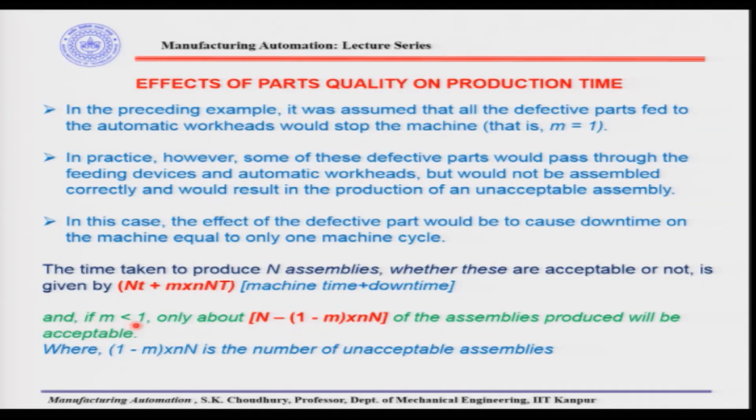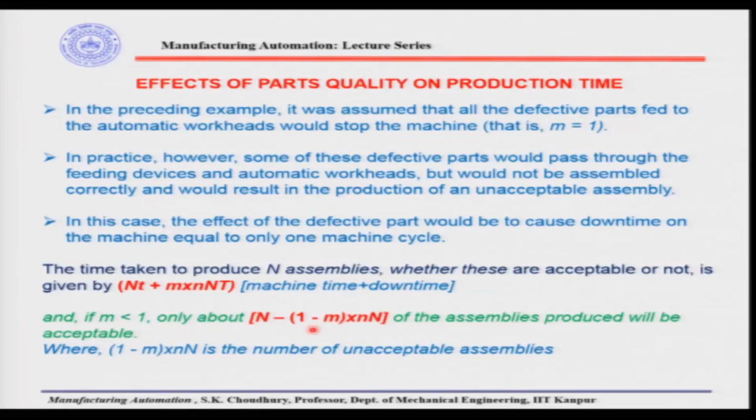Now, if m is less than 1, let us say not all defective parts stop the machine, only about L times 1 minus (1 minus m) x n of the assemblies produced will be acceptable. What does it mean? Total number of assemblies we are producing is L, and (1 minus m) x n L will be unacceptable assemblies, where the defective part goes in and is assembled.